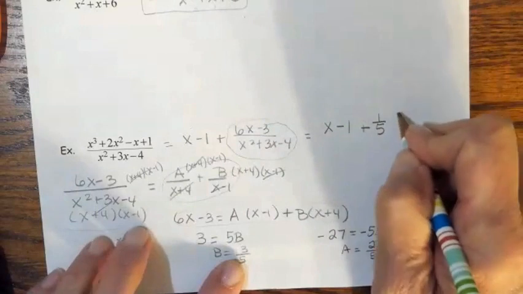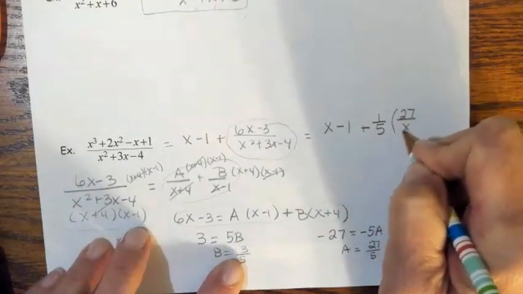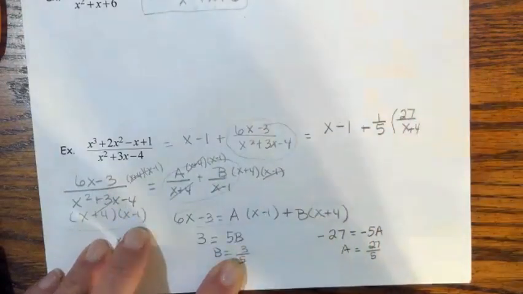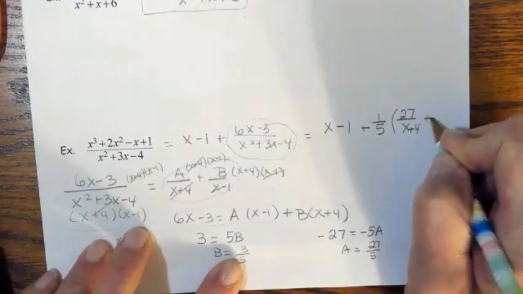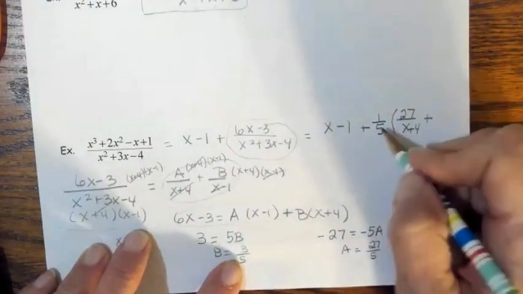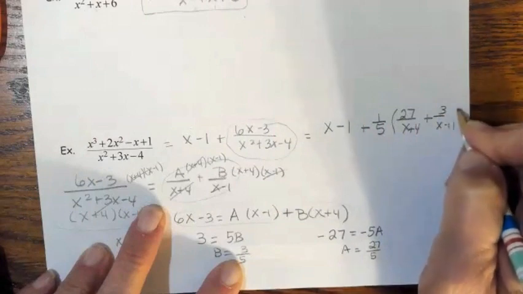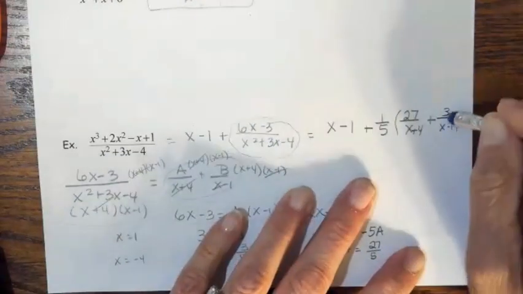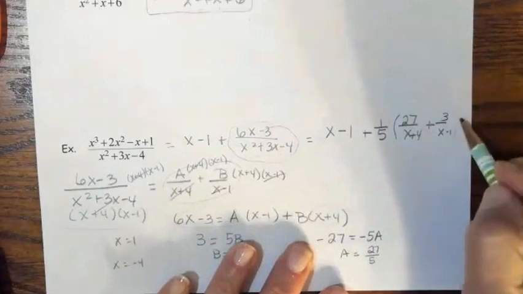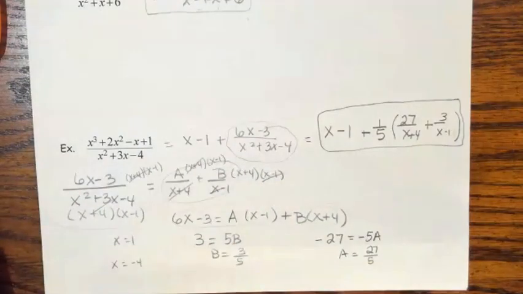So then I'm left with 27 over x plus 4 plus B is 3, but I factored out the 1/5, so 3 over x minus 1. Whoops. And that would be deconstructed.